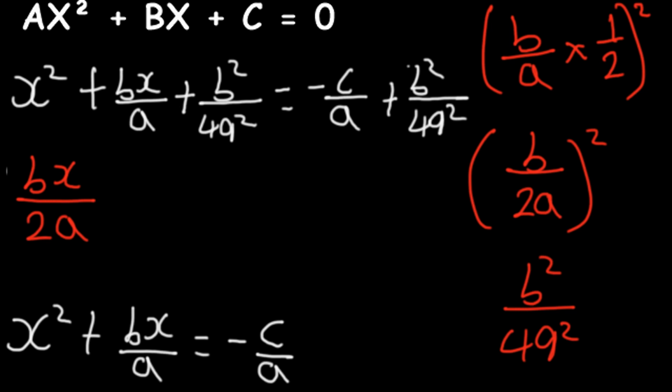So what we need to do is to replace bx over a, that is the middle term, with bx over 2a plus bx over 2a, since when we add them together, it's still going to give us the middle term.